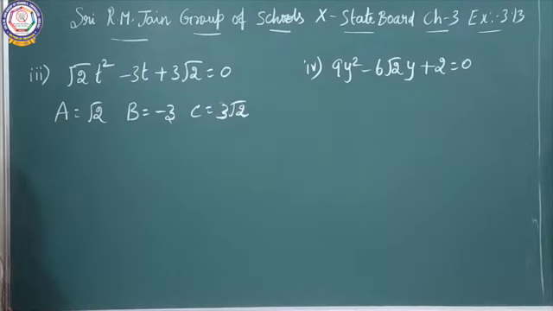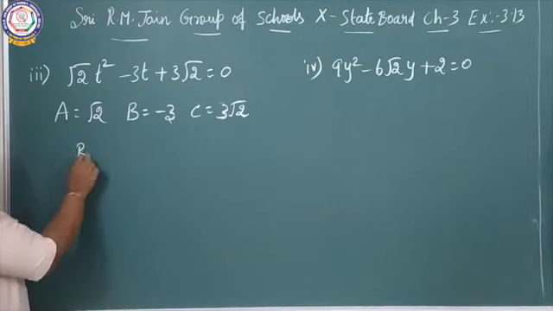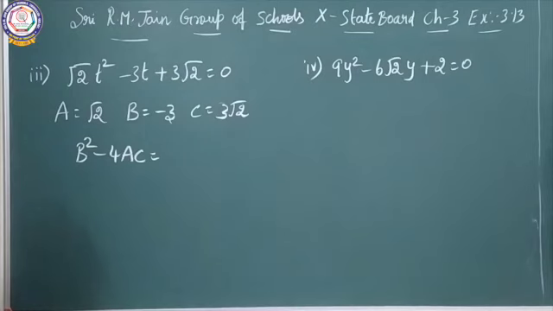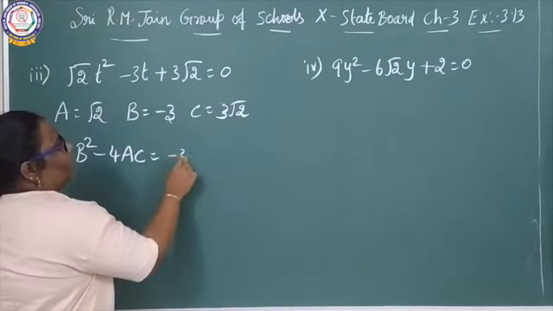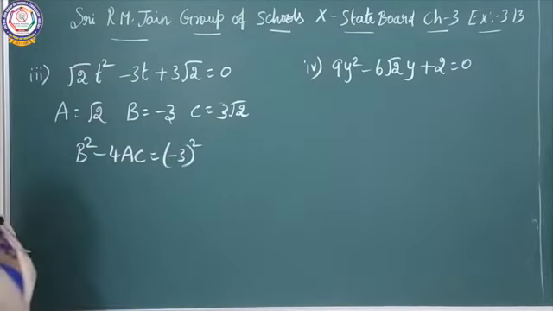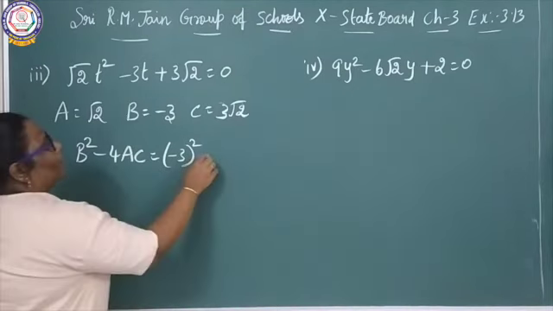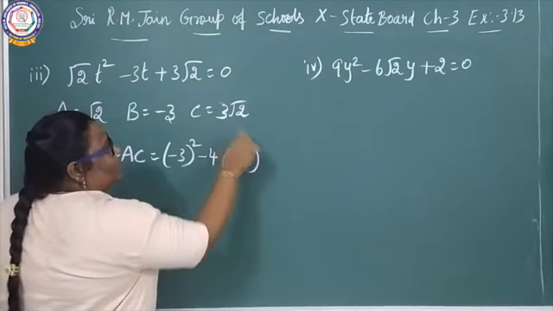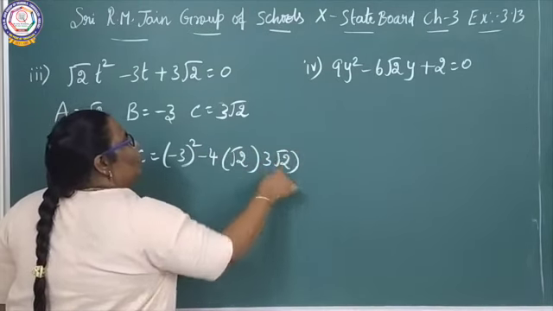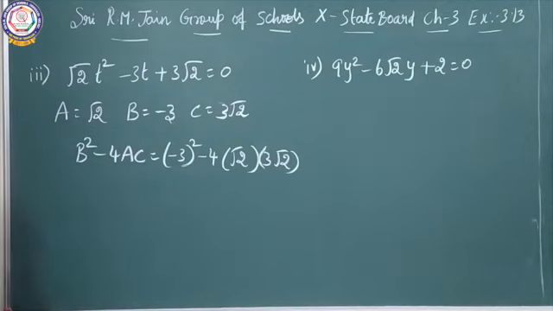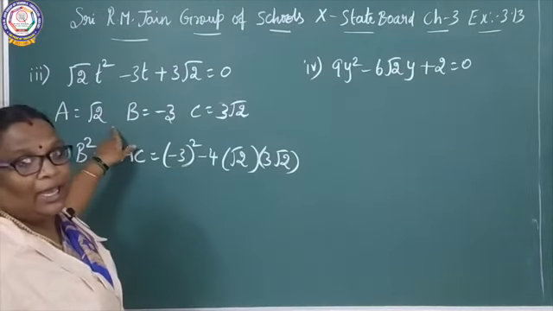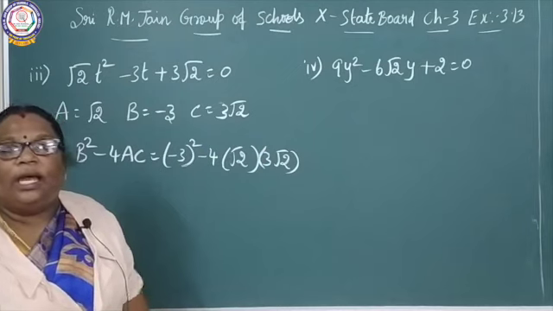So, b square minus 4ac is minus 3 the whole square minus 4 into a value root 2 and c value 3 root 2.